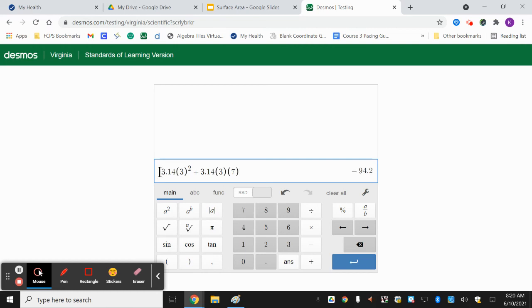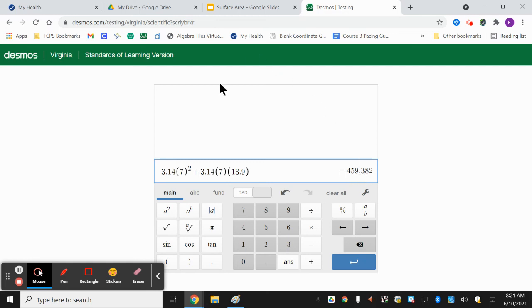Well, I'm actually just going to use what I have up here from the last problem and just put in my values. The radius is 7 this time, and the slant height is 13.9.